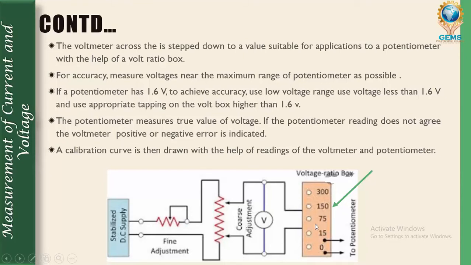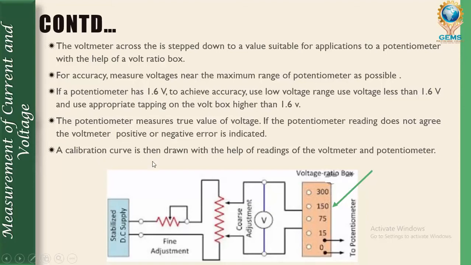And if it is beyond 15 volt, then I would choose a connection between 0 and 75. Any variations are noted in the voltmeter. If the voltmeter reading and the potentiometer reading are different, then there is an error in the voltmeter.